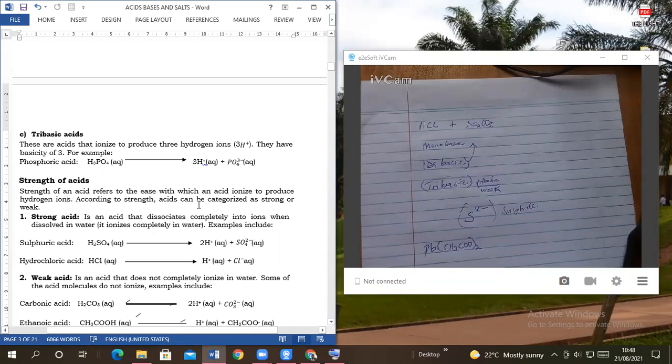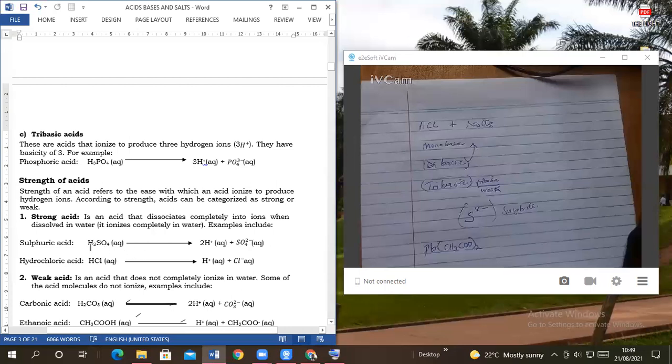According to the strength of the acid, it can be categorized as strong or weak. There are only 2. Acids can either be strong or weak. Strong acids are the ones that dissociate or ionize completely into ions when dissolved in water.